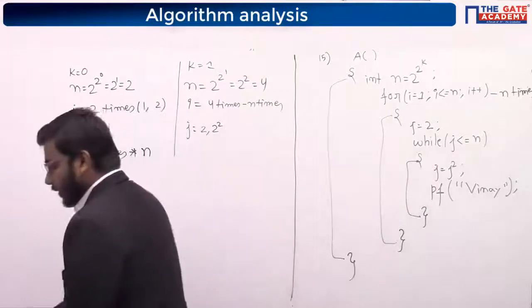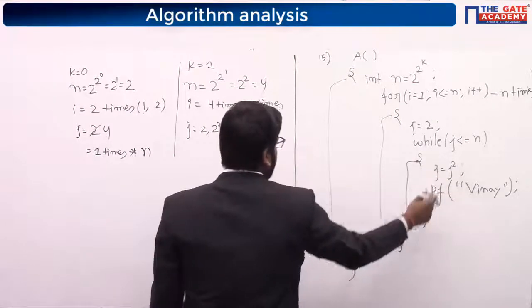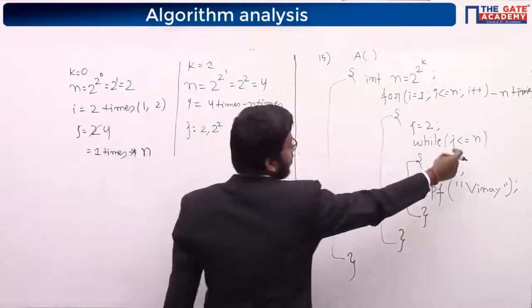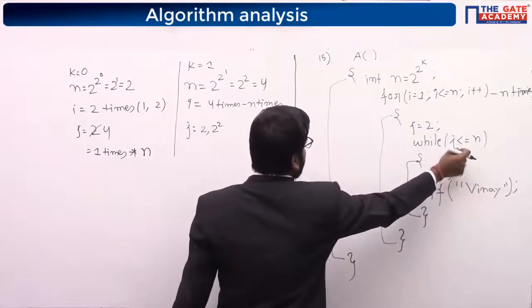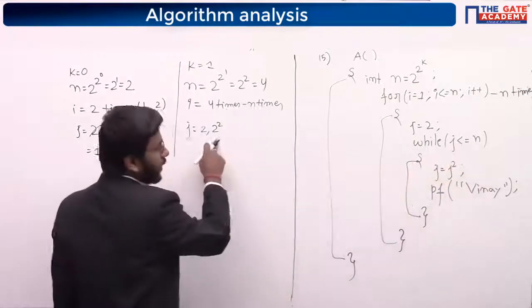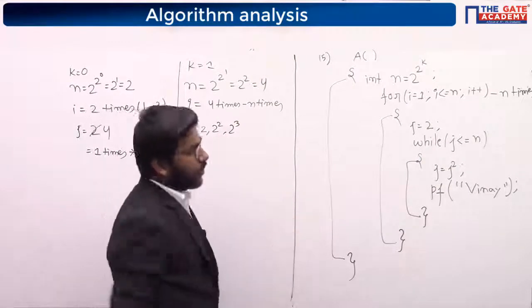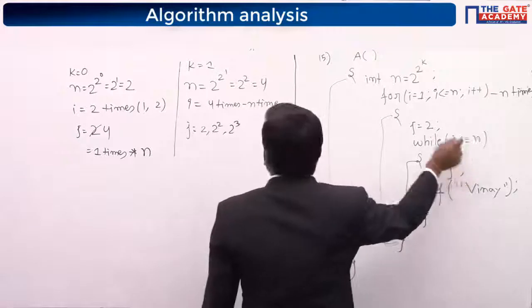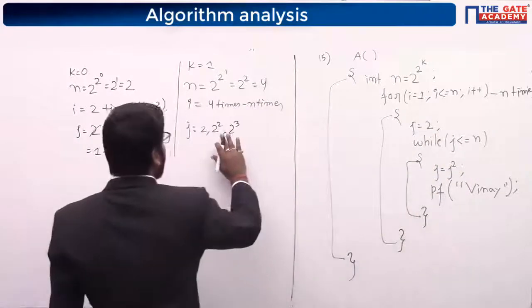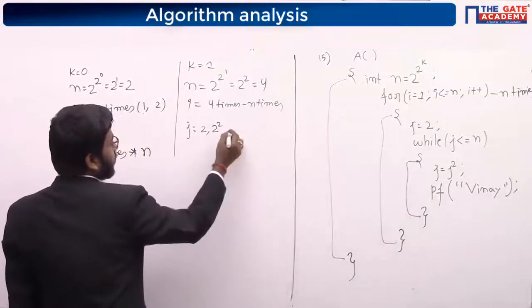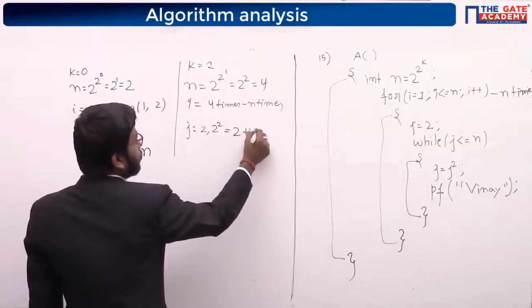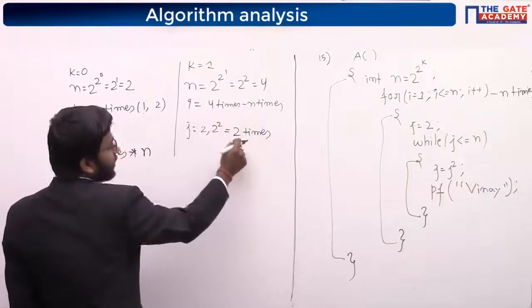After going inside, j becomes 2 squared. So it came out, in the loop it's checking, 4 is smaller than n, yeah, it printed, it went inside, now it's 2 to the 3, which is not smaller than n, that is 4. So it is going to print how many times? 2 times only.